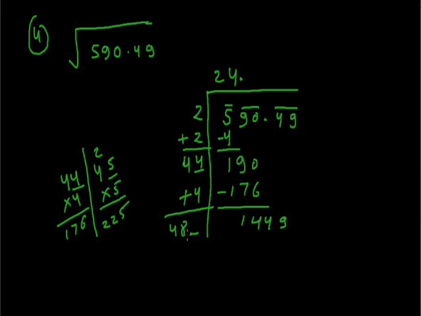So I have to place a number in such a way that I get this number. Because its unit digit is 9, the unit digit may be 3 or maybe 7. Let's say I put 3 here, so I have to multiply it by 3. It becomes 9, 8 3s are 24, 4, 2, 4 3s are 12 and 14, 1449. So when I place 3 here, I get the answer 1449.